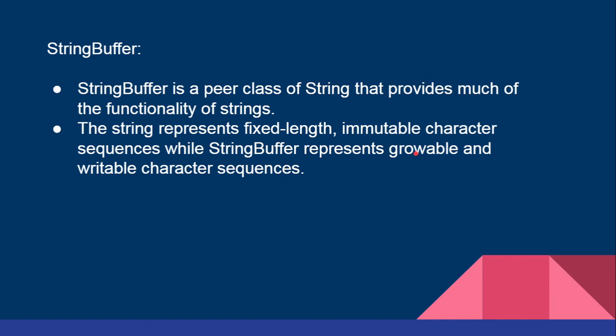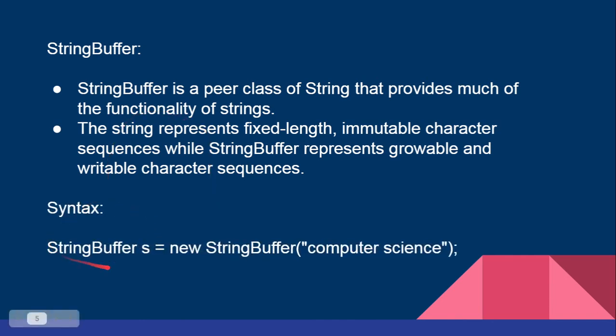It is extendable. So that is the difference between the String and StringBuffer classes. Let us see the syntax on how to create a string object using the StringBuffer class: StringBuffer s = new StringBuffer, and within the brackets the sequence of characters within double quotes. Here StringBuffer is the class name and s is the object name.